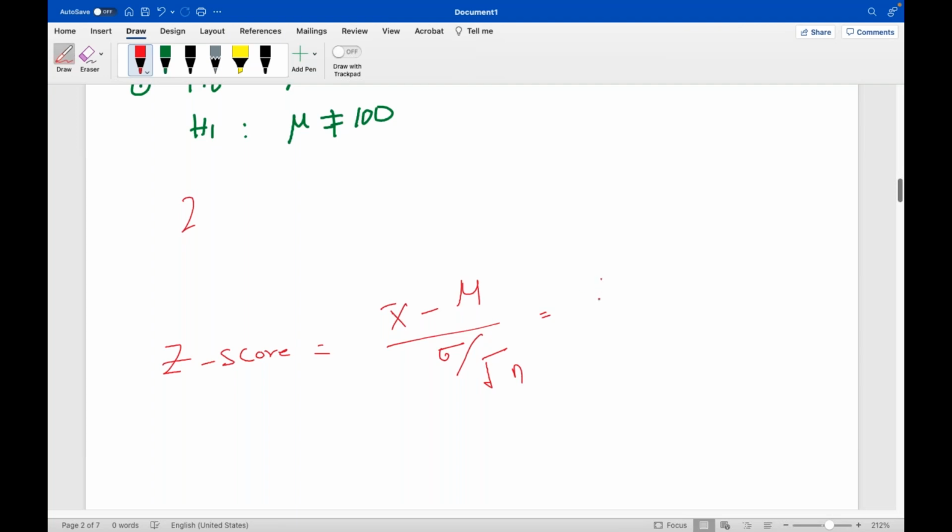Tell me guys, the sample mean is 140, right? The population mean is 100, and the standard deviation is 15 by square root of n. What could be the value? So 40 by 15 by square root of 30, your n value is 30. What is the value? Can anyone tell me?